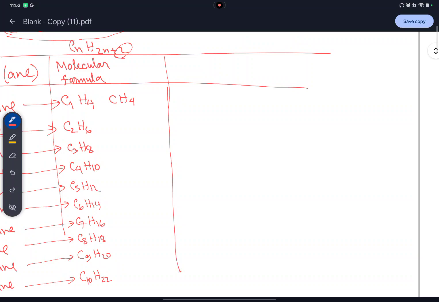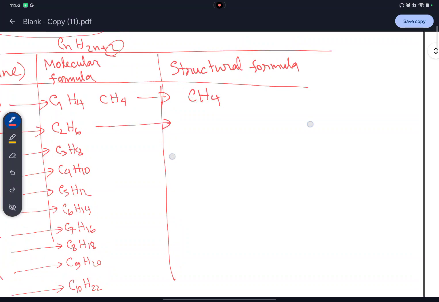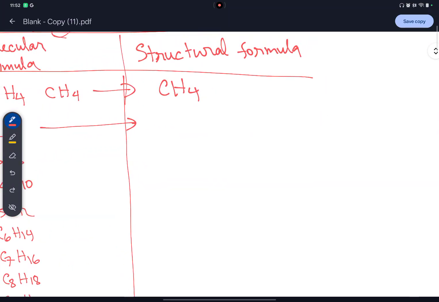Now let's try writing their structural formula. The structural formula of methane has no change, but the structural formula of ethane will be quite different. First, you have to give 2 carbons, and both of them will be joined with a single covalent bond.